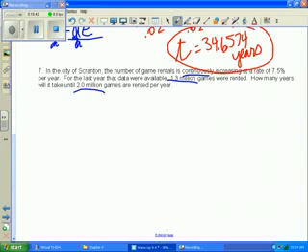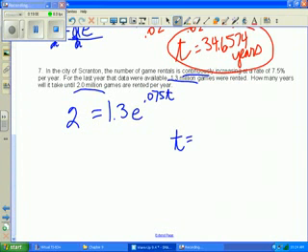The E model. Okay, so I want to achieve 2 million. I'm just going to leave this in millions. It started at 1.3 e to the 0.075t, and then you're going to solve it from there. Questions on that solving? It ends up being 5.7441 years.